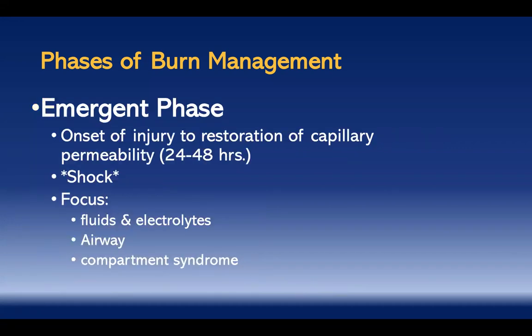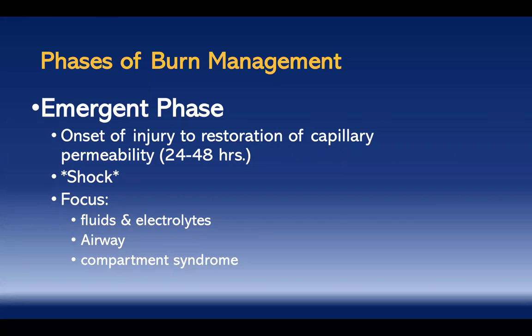So in that emergent phase, again, the first 24 to 48 hours after an injury, when capillary permeability happens, this is when the patient is at risk for shock. Remember, lack of perfusion to the organs due to poor blood flow.